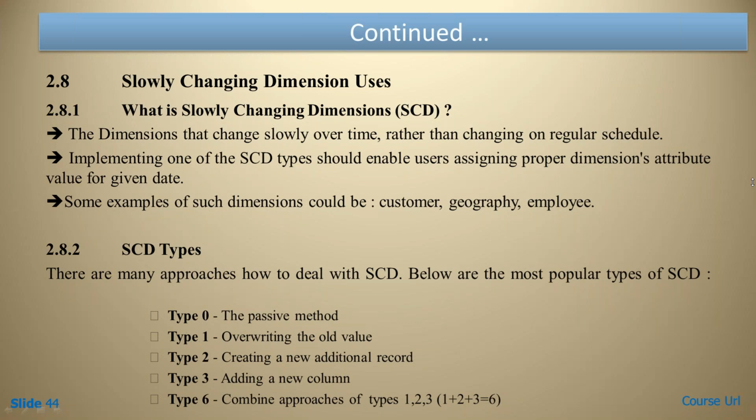Any other point? Star schema is the top-down model, and snowflake is the bottom-up model. Yes, that also we can add. Any other point?